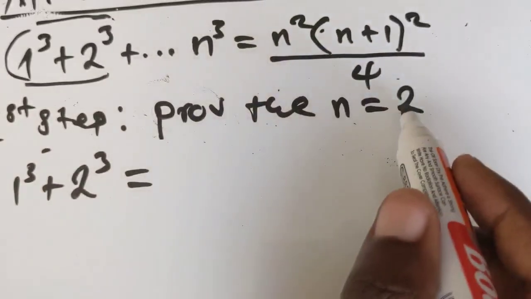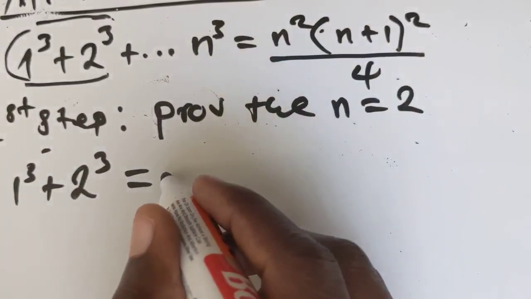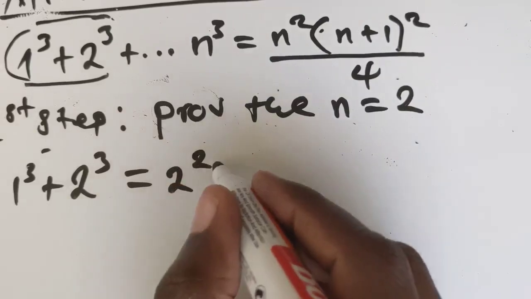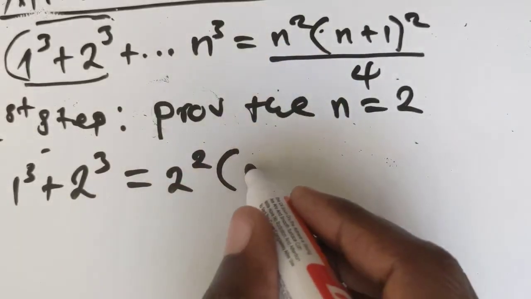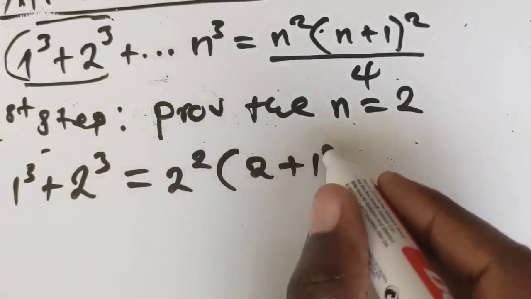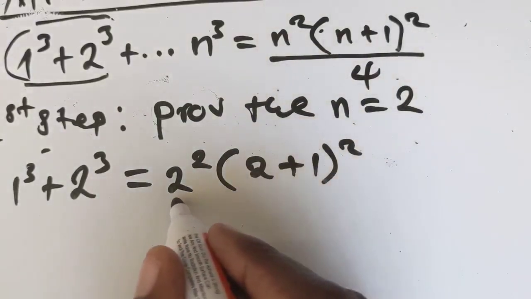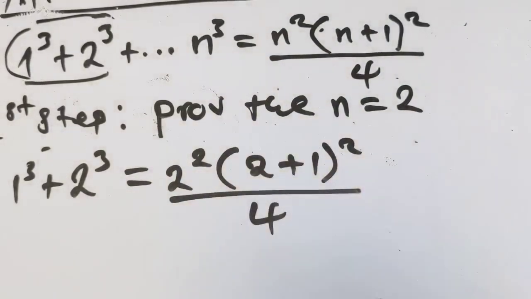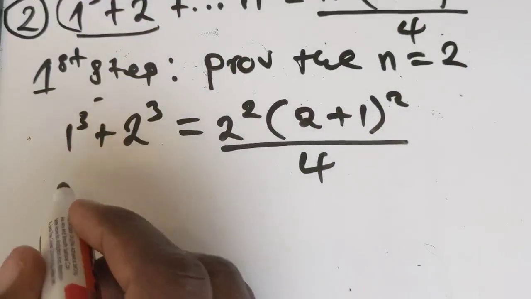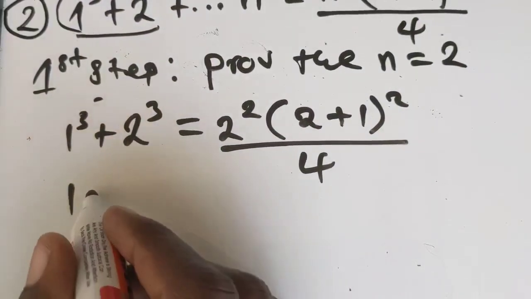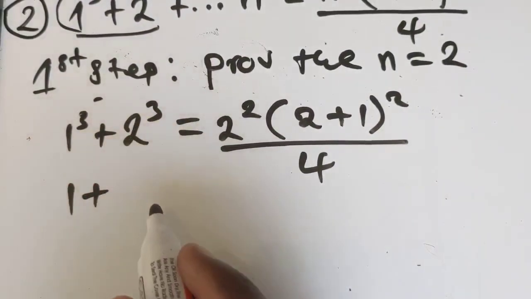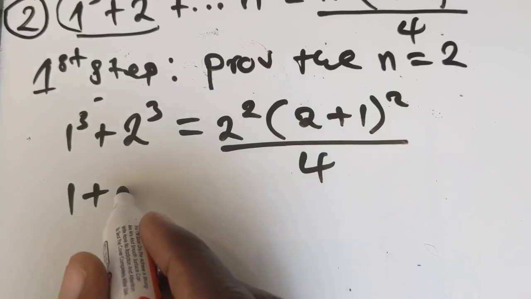If n is equal to 2, we just put 2 to the power 2 there, open bracket, 2 plus 1 to the power 2, then over 4. That is what it says. So here, 1 to the power 3 is 1, then 2 to the power 3 is 8.